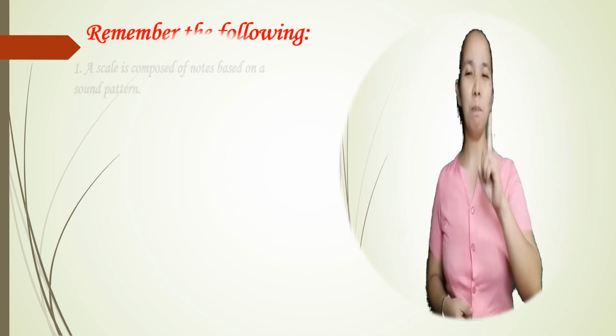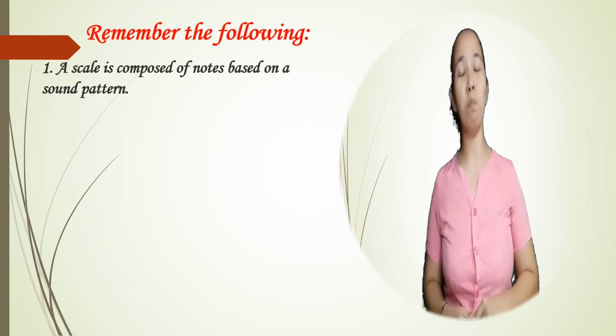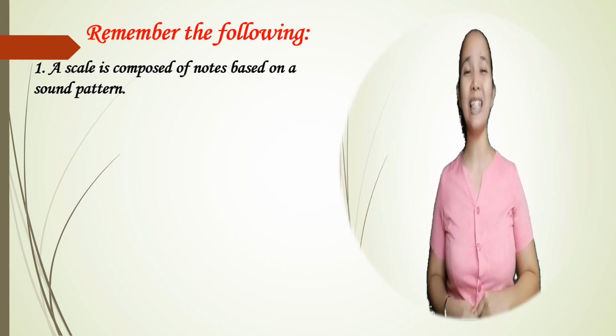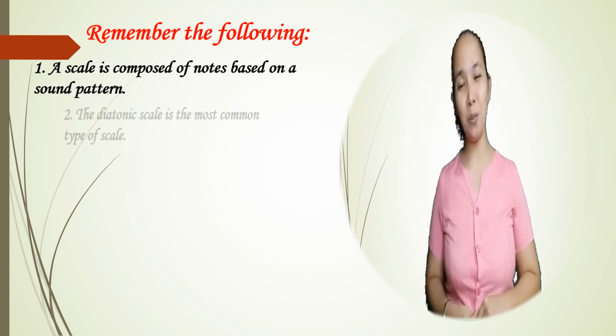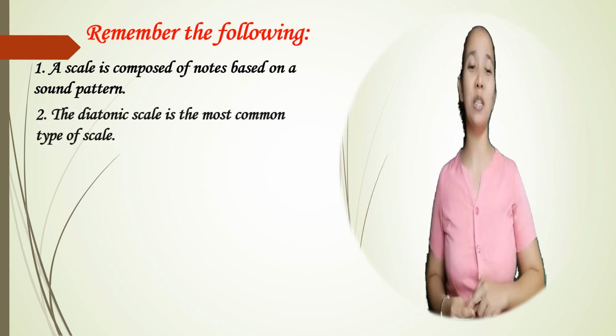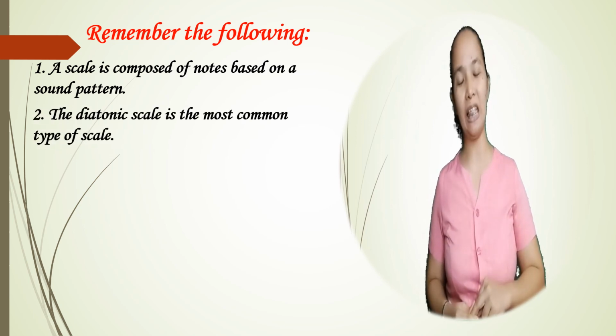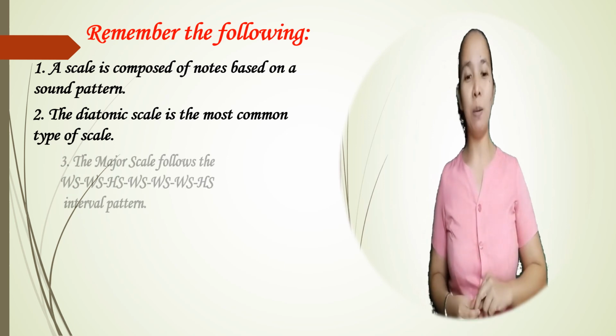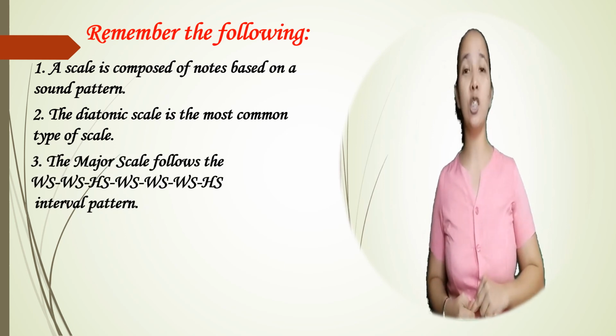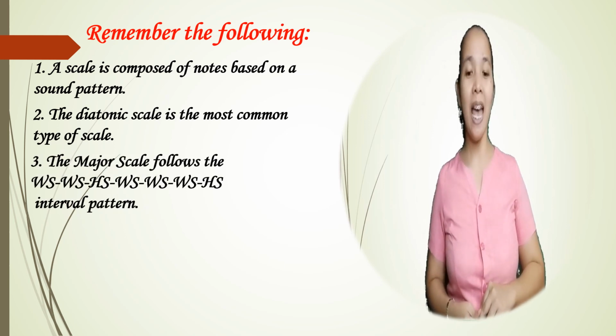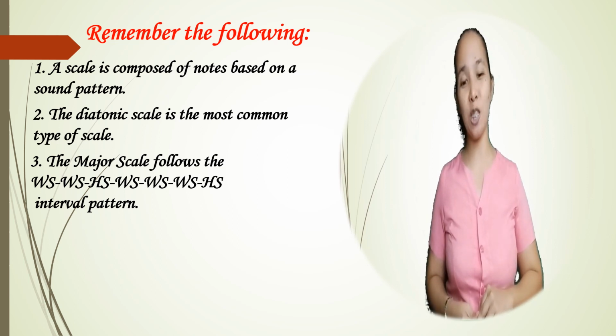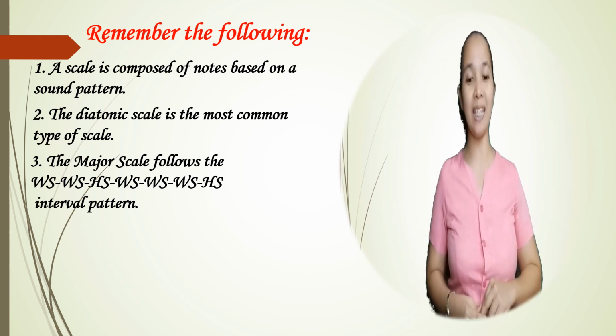I hope that you have learned our lesson for today, children, and remember the following. Number 1, a scale is composed of notes based on a sound pattern. Number 2, diatonic scale is the most common type of scale. Number 3, the major scale follows the WS, WS, HS, WS, WS, WS, HS interval pattern.